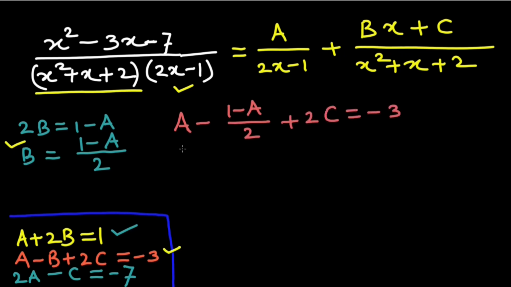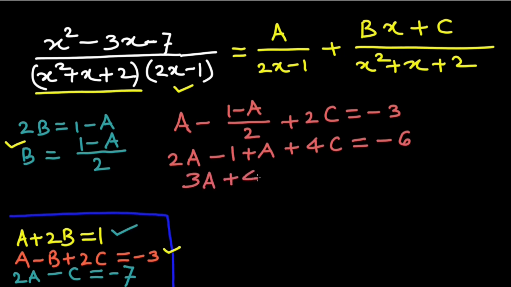Multiplying throughout by 2, we get 2a minus 1 plus a plus 4c equals minus 6. So that will be 3a plus 4c equals minus 5. We name this equation 1.